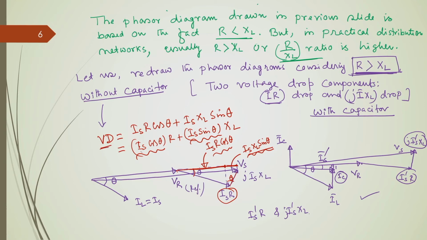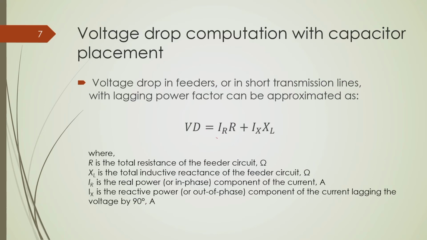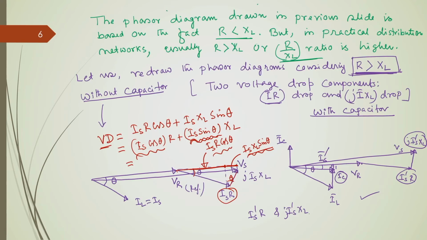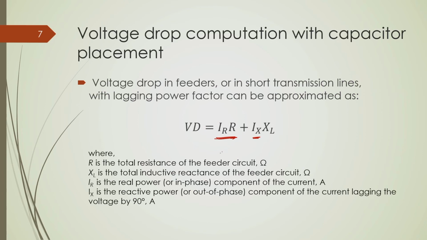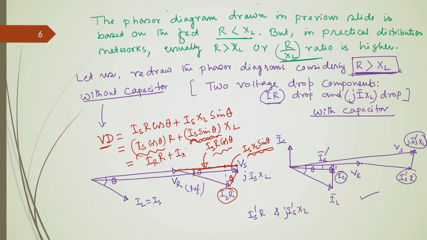So, voltage drop is basically equal to the in phase component of the current multiplied by R plus the quadrature component of the current multiplied by X_L. The same is represented here: I_S cos theta is represented by I_R, and I_S sin theta is represented by I_X. So, that is the way we can also represent the expression for voltage drop.